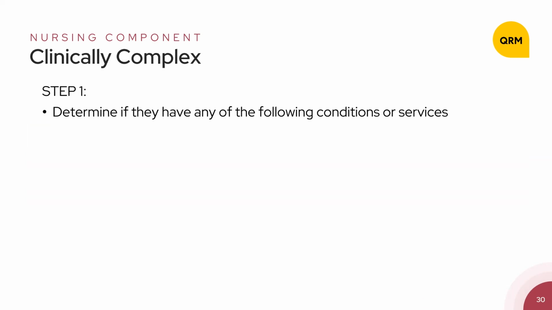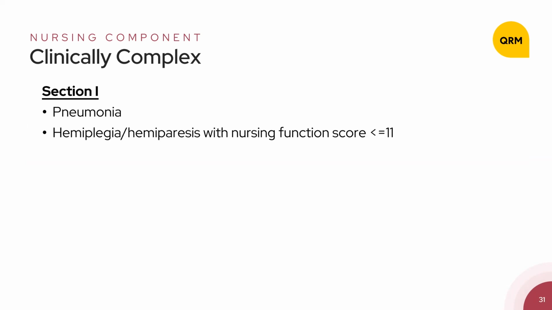The next category down is going to be our clinically complex. Again, just like with all of our others, we're going to look at the conditions and services that are listed to see if they qualify into clinically complex. So the first one is section I. This is pneumonia or hemiplegia or hemiparesis.